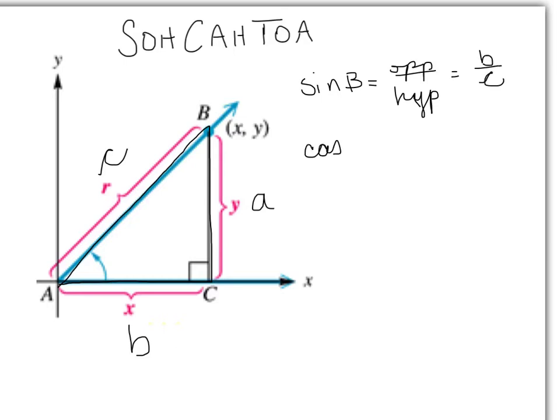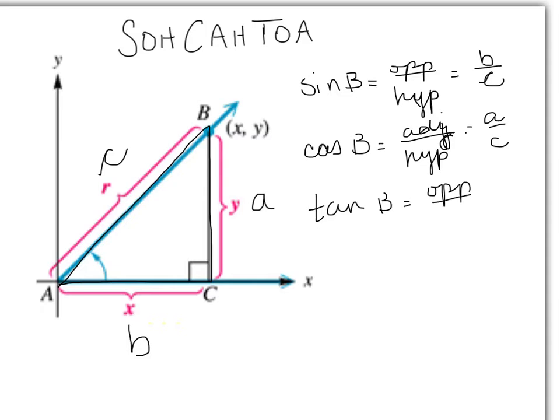The cosine of B is the side adjacent divided by the hypotenuse, which makes that a over c, and the tangent of angle B would be the side opposite divided by the side adjacent. We know what sine, cosine, and tangent are for a 90-degree angle, so we actually don't need to use SOHCAHTOA to find anything for the right angle.